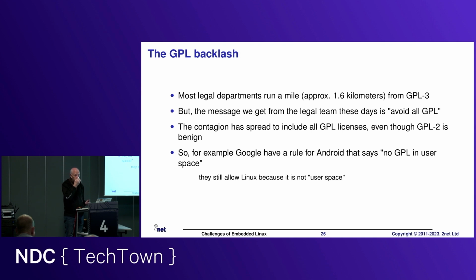Can you just say Linus made an explicit exception that GPL license do not apply for system calls? Correct. So the question is, does GPL apply to system calls to Linux? No, it does not. And that's why they allow it, because you don't get the GPL contamination by using the Linux kernel.